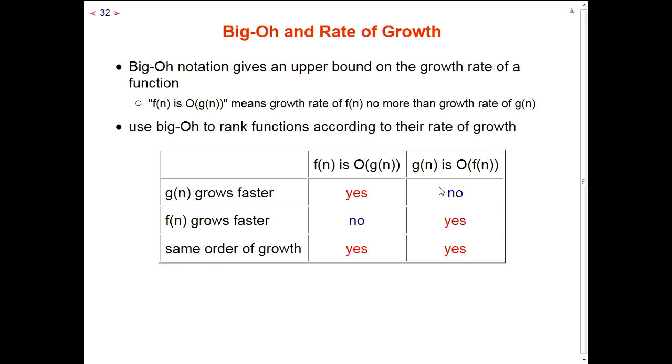But we know that it is also bound by n. So the correct answer when we ask what is the runtime behavior of that algorithm would be O(n), because that is the smallest function of which we know that the runtime behavior of our algorithm is bound by that function.